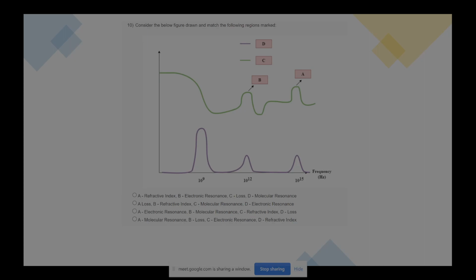Option B is B is loss, A is refractive index, C is molecular resonance, D is electronic resonance. Option C is A electronic resonance, B molecular resonance, C refractive index, and D loss. The last option is A molecular resonance, B loss, C electronic resonance, and D refractive index.